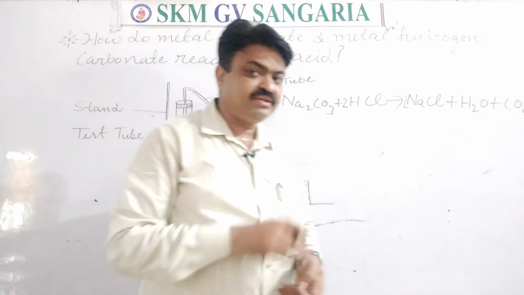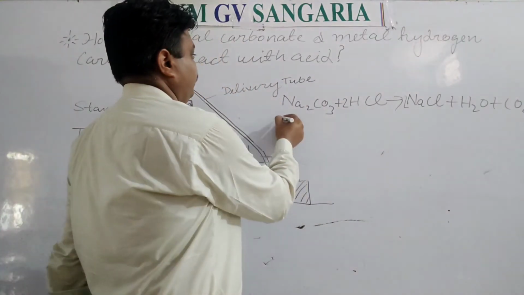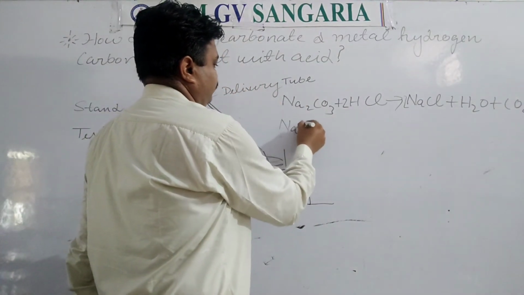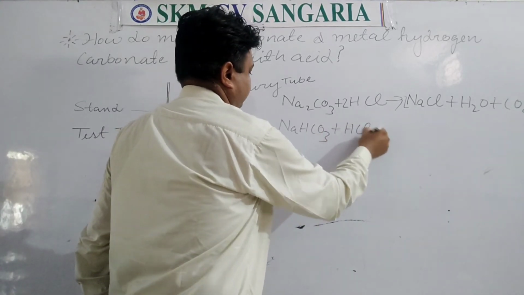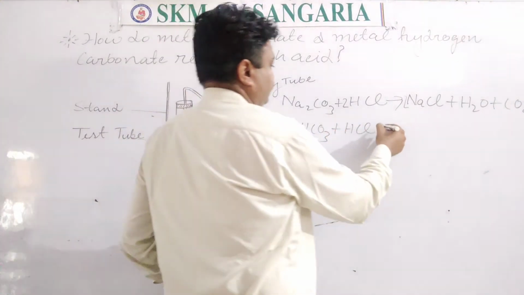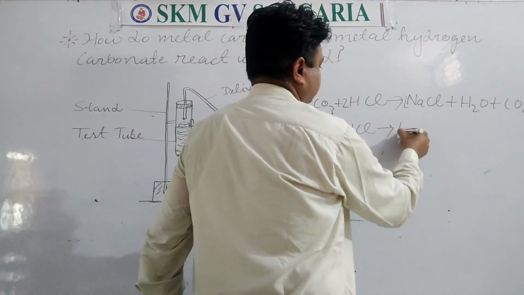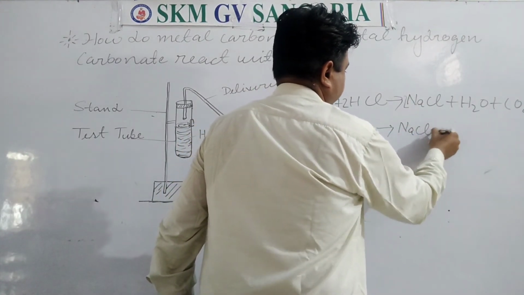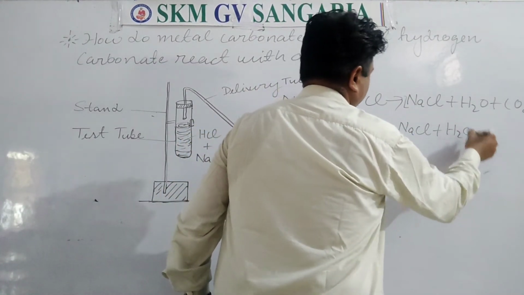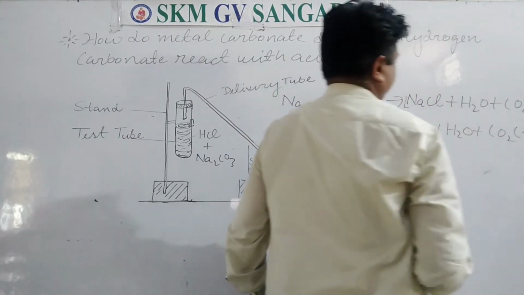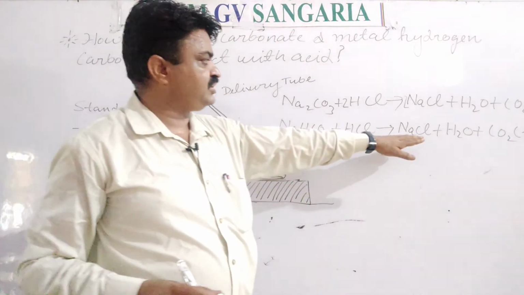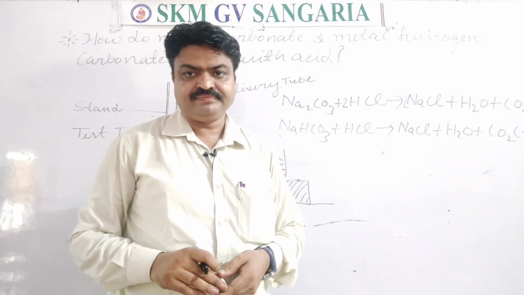Like this, when sodium hydrogen carbonate or a metal hydrogen carbonate reacts with hydrochloric acid, what do they produce? They also produce the same products: NaCl, H2O plus carbon dioxide. So these are the products that will be formed, student.